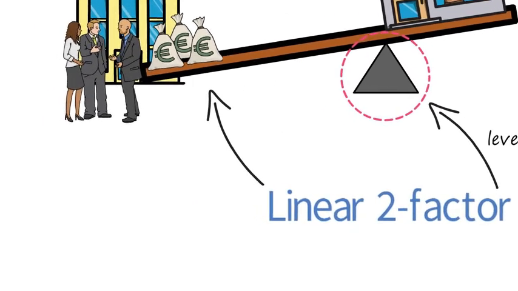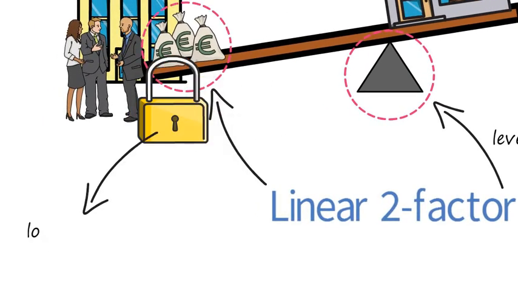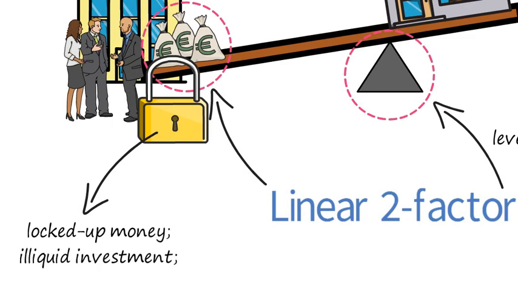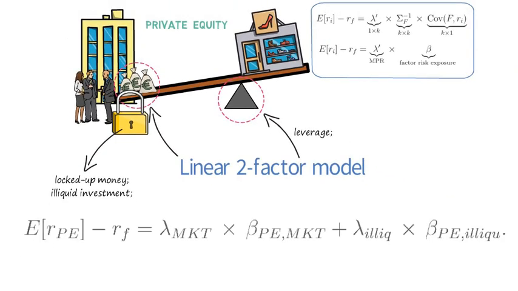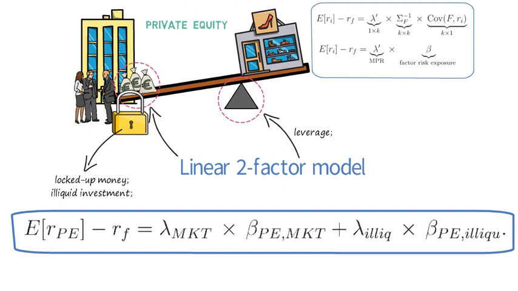Second, the investor's money is locked up for a while, which makes it an illiquid investment for the investor. Mathematically, we could write that as the expected excess return of a private equity investment consists of two components. First, there's the lambda of the market times the beta that private equity has with the market, plus there's an illiquidity lambda times the beta of private equity with regard to illiquidity.